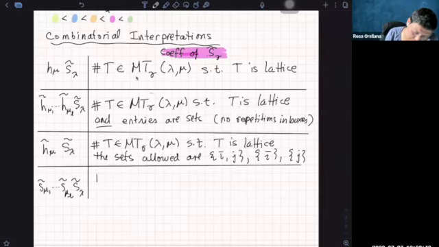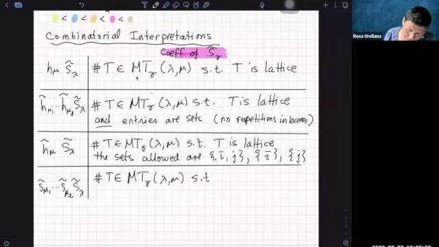And then the last one, which is the one that kind of contains the Pieri rule, right? The one that we would eventually like: empty gamma lambda mu, such that T is lattice.